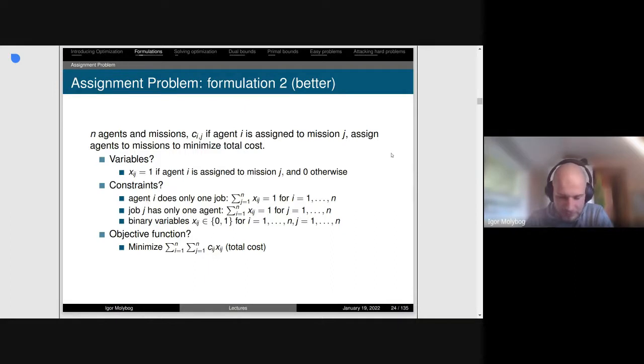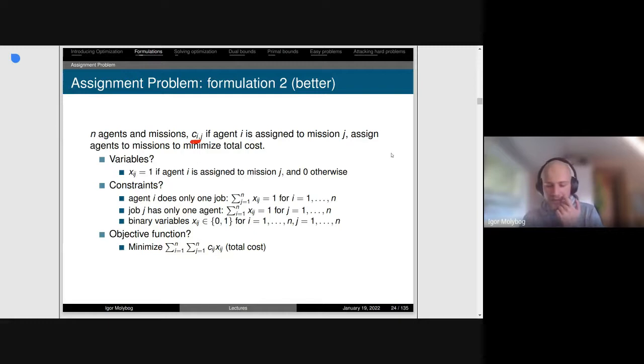Again, we have the exact same problem. We have n agents, n missions, the same Cij matrix that we have had before. If agent i is assigned to mission j, we incur cost of Cij. We still need to assign agents to the missions. What are the variables that we would like to use now? It is a matrix of variables. Before, we had a vector of variables, and the components of the vector had to be from 1 to n.